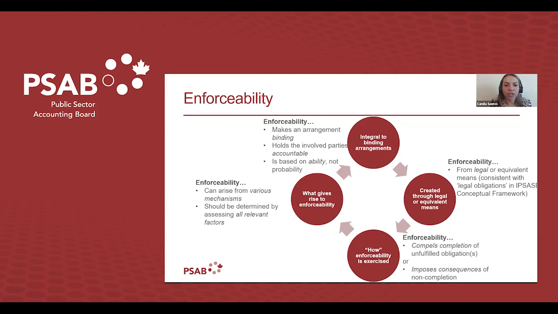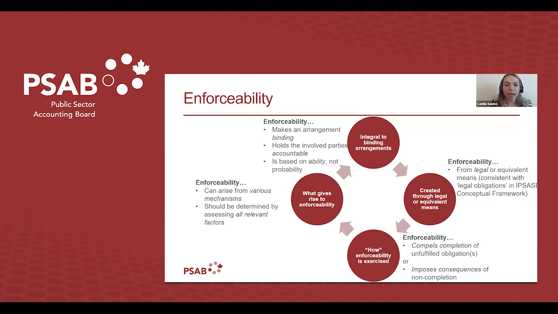An arrangement is enforceable by another party if the agreement includes distinct rights and obligations for each involved party and remedies for non-completion by either party, which can be enforced through the identified enforcement mechanisms. In determining whether an arrangement is enforceable, the entity considers the substance rather than the legal form of the arrangement.